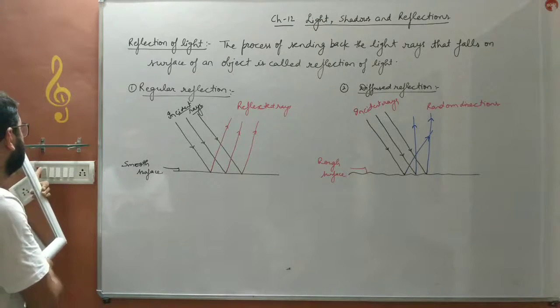Now, we will discuss an activity showing that plane surfaces are much better at reflecting light as compared to rough surfaces. I have a laser light in my hand. This is the laser light. When I throw this laser light over the mirror, then you will see a reflection over this board. So here you can see it.